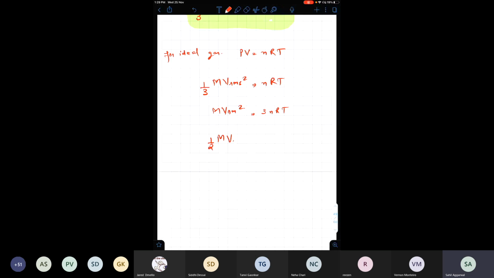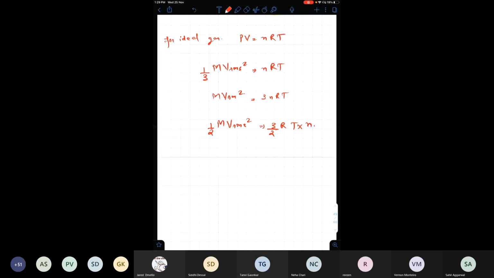So 1 by 2 Vrms whole square is equal to 3 by 2 RT into n. Any doubt till here? Vrms is root mean square velocity.